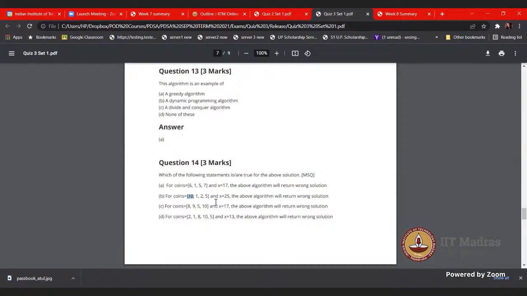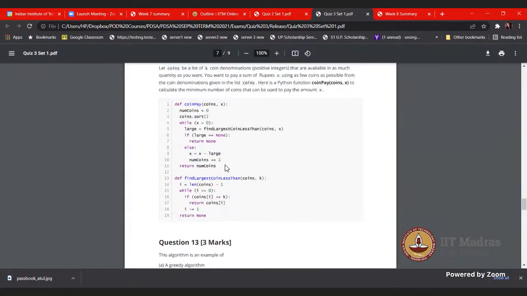You can select 10 again, so it becomes 20, and the remaining amount is 5. Now 5 is less than 10, so you select the next greatest value, which is 5. After selecting this 5, you achieve the amount. So the total number of coins is 3, and the algorithm returns this value. This while loop selects the coins in the largest-first manner after sorting the list.